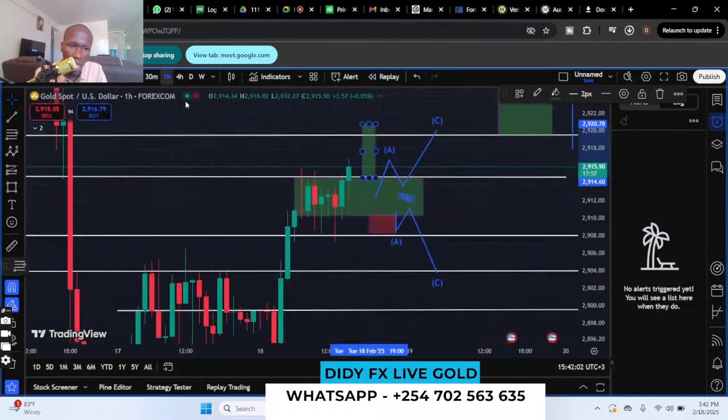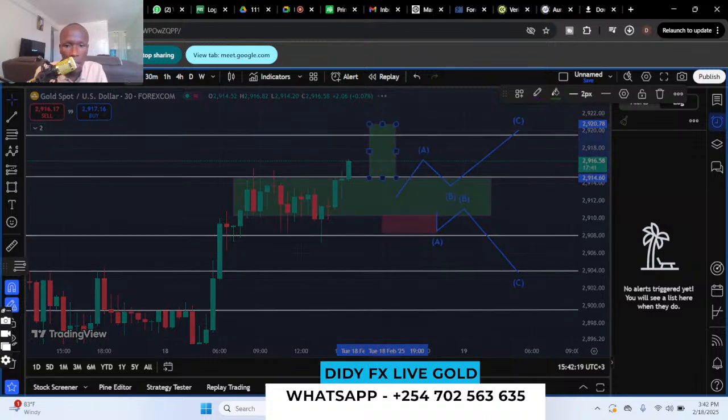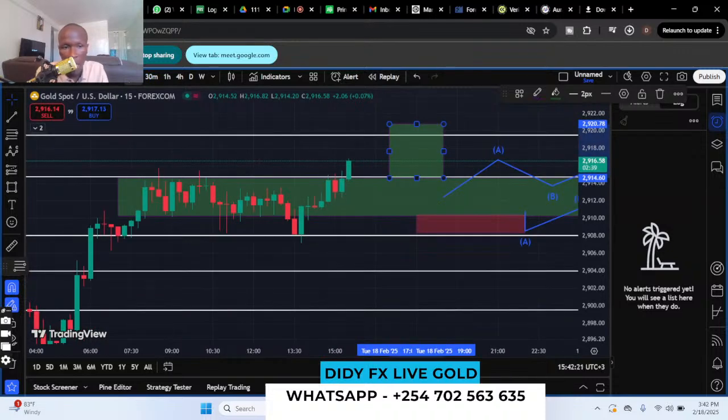So remember, I started with the 4 hours, then I came down to 1 hour, and I'm doing my analysis based on 1 hour, so I can also use the 1 hour for my entries. As you can see, after marking this entire area here, when you go to lower time frames, no candle has closed above my area. So these are very strong points of interest.